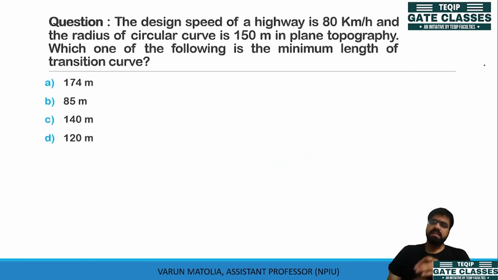The next question says the design speed of a highway is 80 kilometers per hour. The radius of the circular curve is 150 meter, in plain topography. Which one of the following is the minimum length of transition curve?